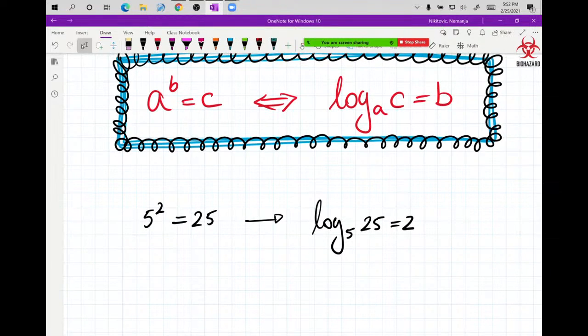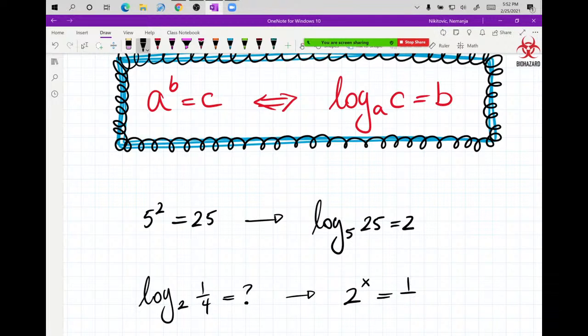So you might be wondering now, how much is log base 2 of, let's say, 1/4? Okay, well, let me convert this and just see if I am in any way able to answer this question. My base is 2, I have this unknown exponent, and the result needs to be 1/4.